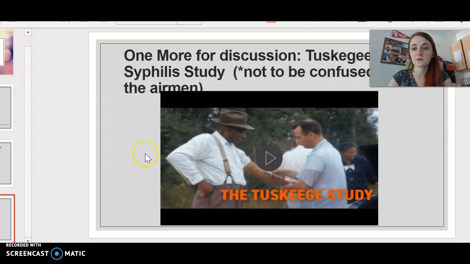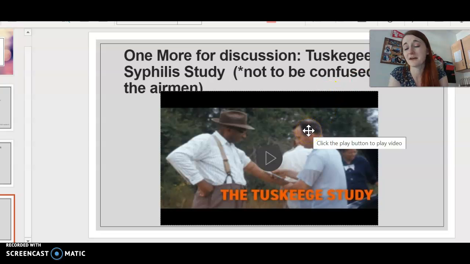And I had a little note on here too, not to confuse this with the Tuskegee Airmen. You might have learned about that in 11th grade, or if you're in 11th grade, you could potentially be learning about that soon. It's a World War II era thing. The most frequent thing I see is that people confuse them and they think that the airmen, who were actually a huge step for the diversifying of our military during World War II, and a very good thing, are the ones that were experimented on, and they're not.